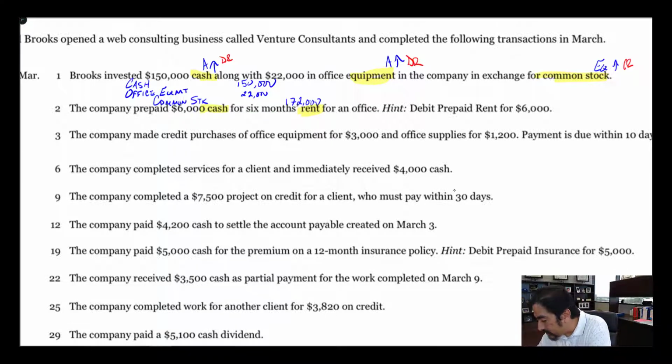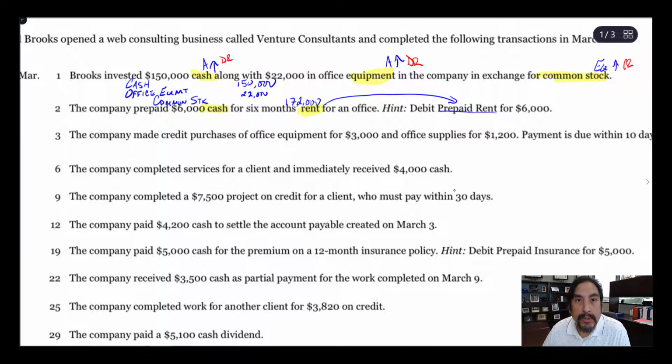Prepaid rent is an asset. So I'm going to write this here. This is prepaid rent, and actually they have it right there. Prepaid rent is an asset that we are increasing. We increase assets with debits. And the other account is cash.